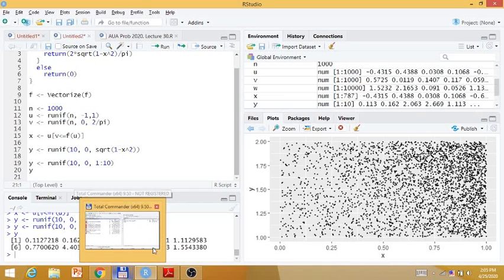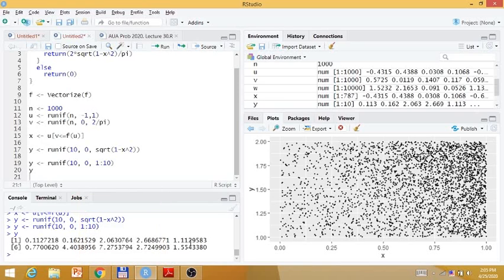Well, that is generating some numbers. Can we be sure that it is generating correctly? Okay, I will do it this way.